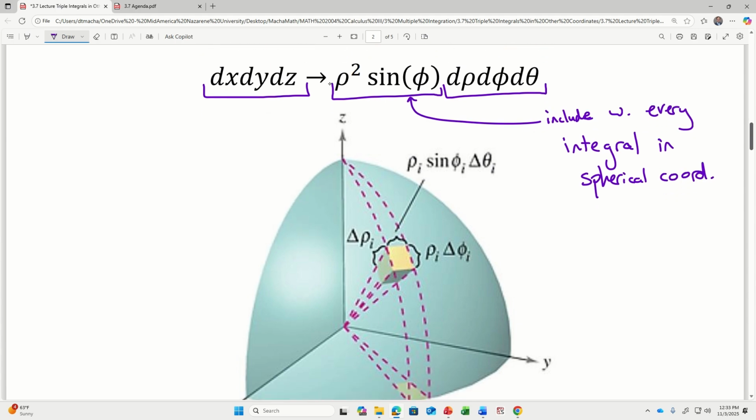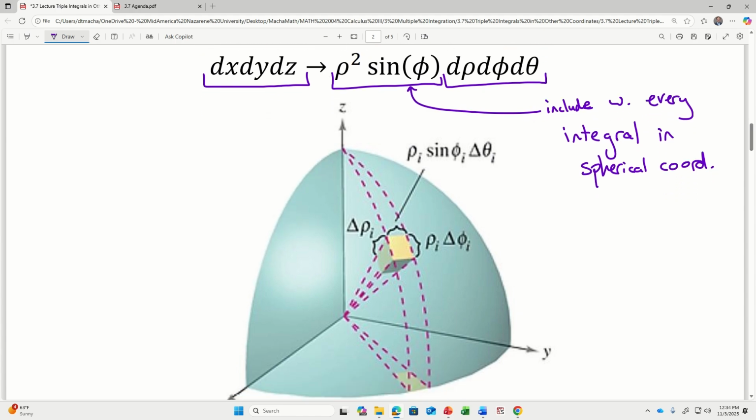And this picture is a little bit fuzzy, but it's the geometric explanation of why we need rho squared sine of phi. Because dx, dy, dz is talking about a small little volume in space. And in these spherical coordinates, this small little volume, this little box here, has a side length that's going to be delta rho, or d rho here, because it's a change in the distance away from the origin.